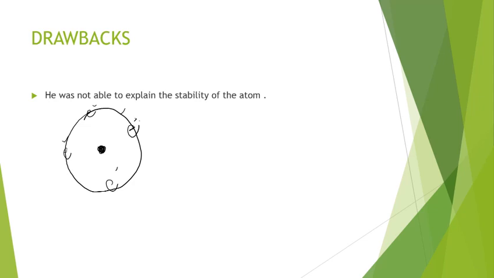Students, he proposed that the electrons are revolving around this nucleus in a circular path. And if an object is revolving, then it will lose energy. Here the electron will lose energy, right? And if the electron loses energy, then this positively charged nucleus will attract the electron towards itself with more power.